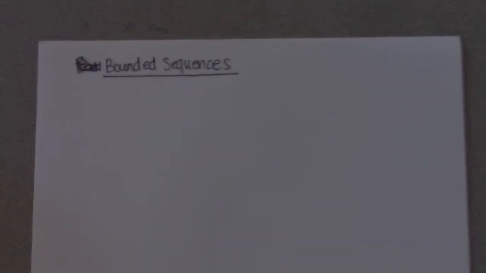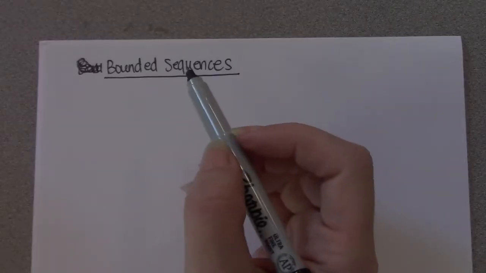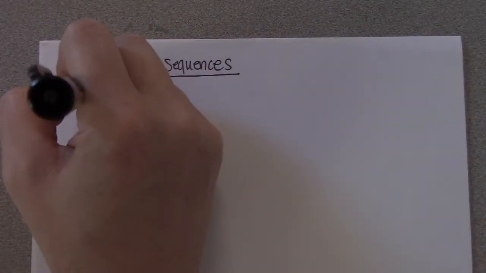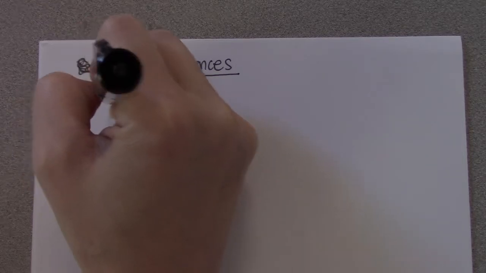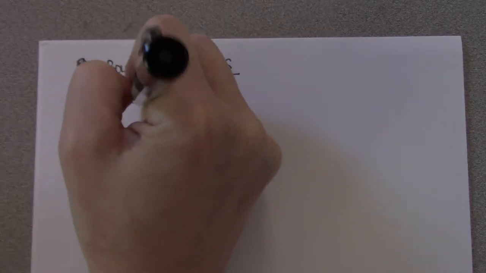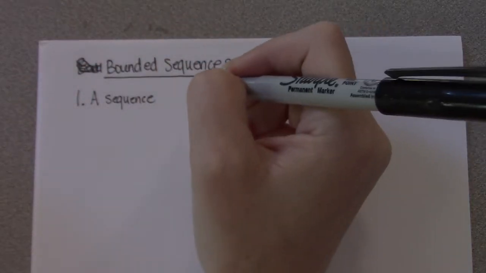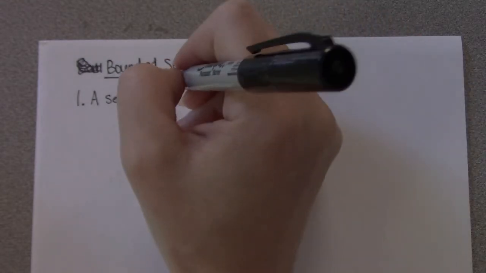So we've looked at whether a sequence is monotonic, but now let's talk about what bounded means. This is going to be one of those things, a lot of words to describe something simple, but you need them in case you need to reference it.